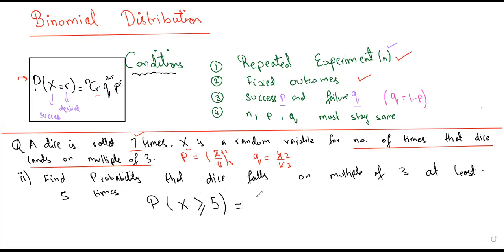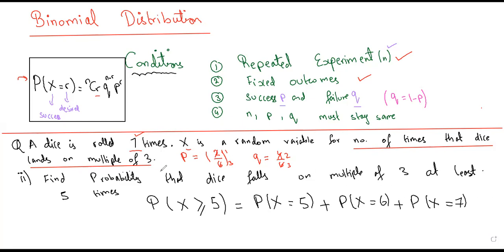So this would include that you are getting it 5 times plus you are getting it 6 times plus you are getting it 7 times. But obviously you cannot get it 8 times when you are rolling the die 7 times only.